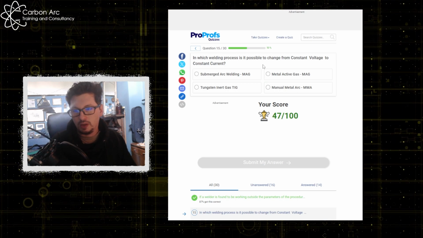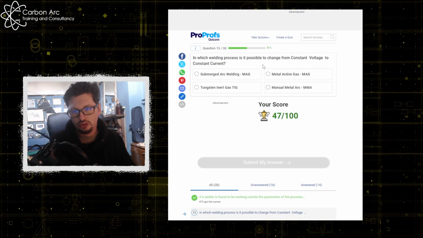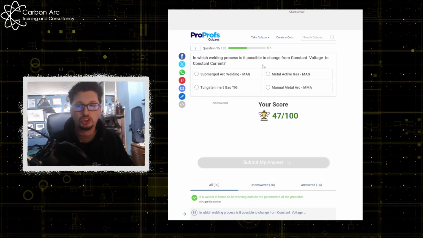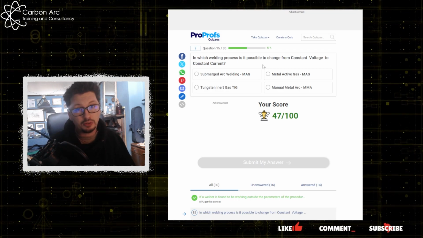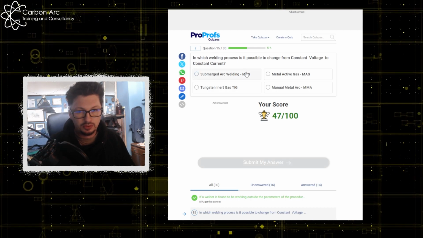MAG welding using constant voltage. MMA using constant current. And then submerged arc changes. It has constant voltage before 1000 amps and then constant current after 1000 amps. So we can use that.